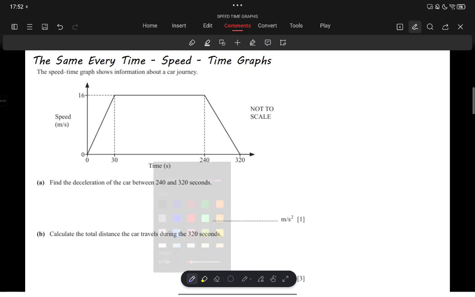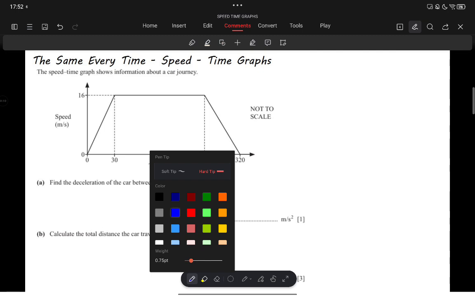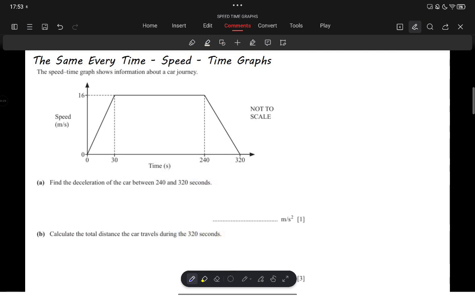So if we look at this graph, at the beginning there is a positive gradient, so that would be acceleration. The speed is increasing, and just there that would be deceleration. So acceleration and deceleration are really the same idea. One of them is when the speed is increasing and the other is when the speed is decreasing.